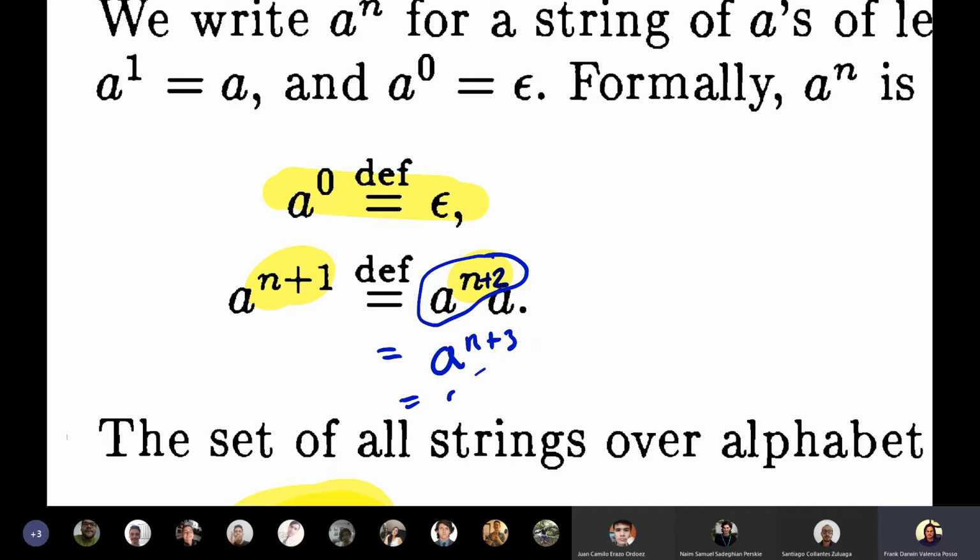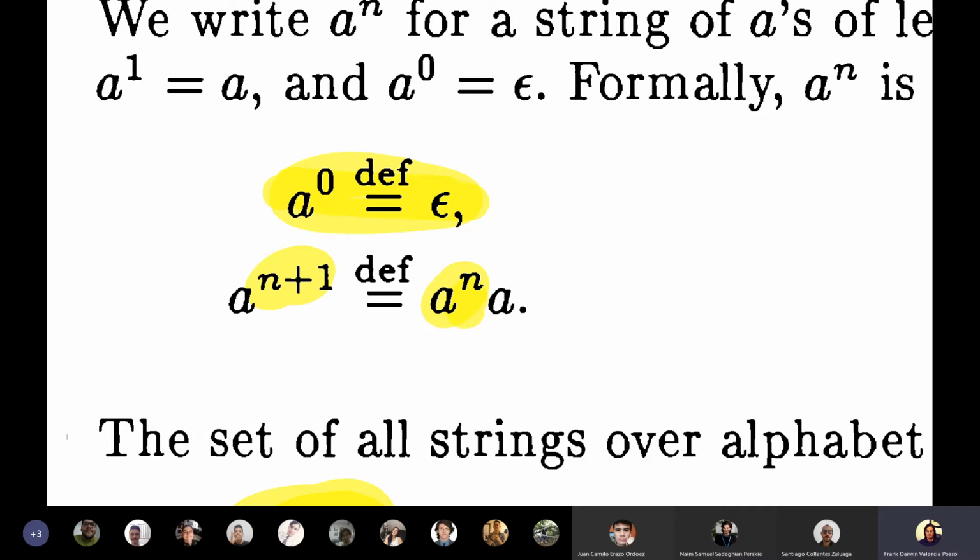Here, however, you are defining a to the n plus 1 in terms of a to the n. That means that a to the n will be defined in terms of a to the n minus 1 and so on till you arrive at the basic case. And that's well defined.